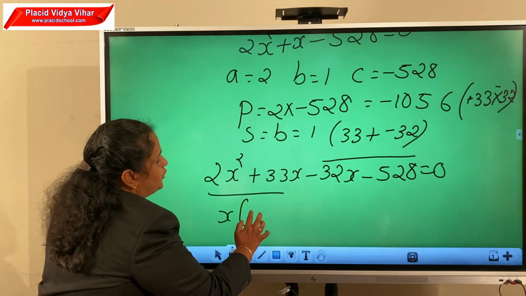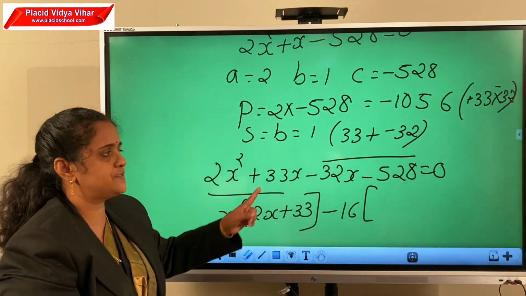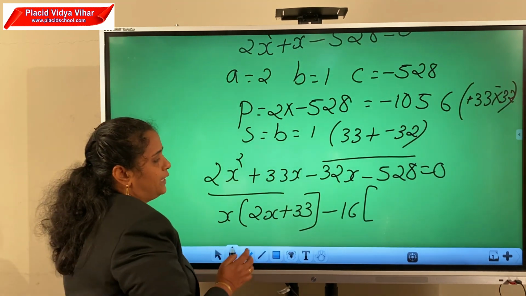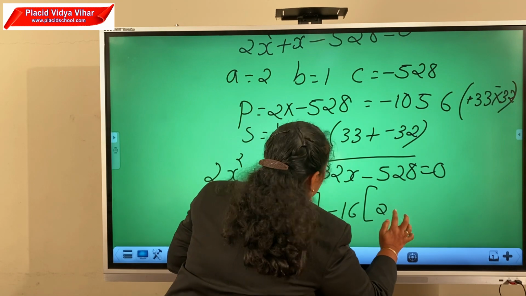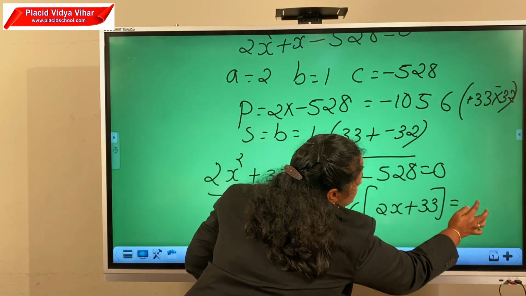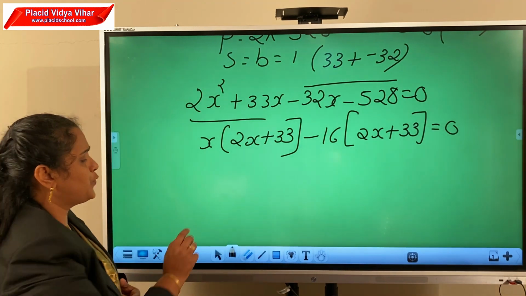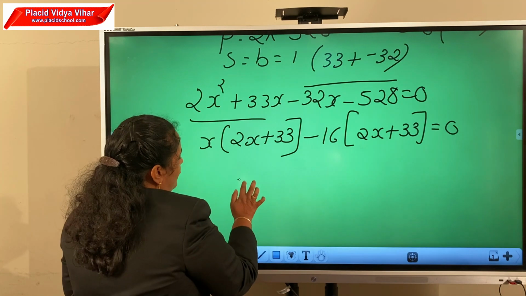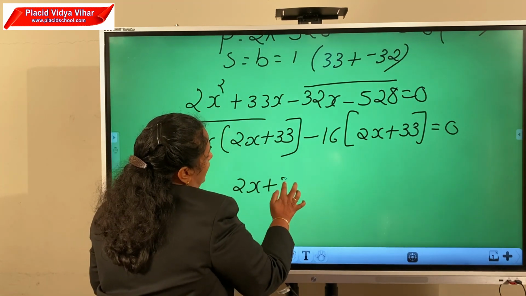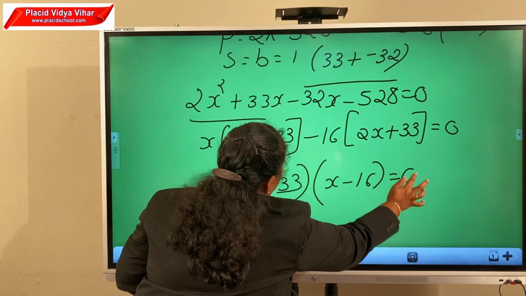That is x into 2x plus 33. The last two terms we can take minus 16 common. Then you will get 2x plus 33 again. Then in these two terms, what is common? We can take 2x plus 33 out. That is 2x plus 33 into x minus 16 equal to 0.